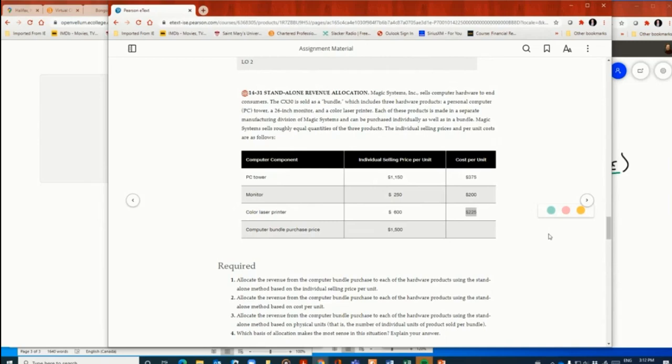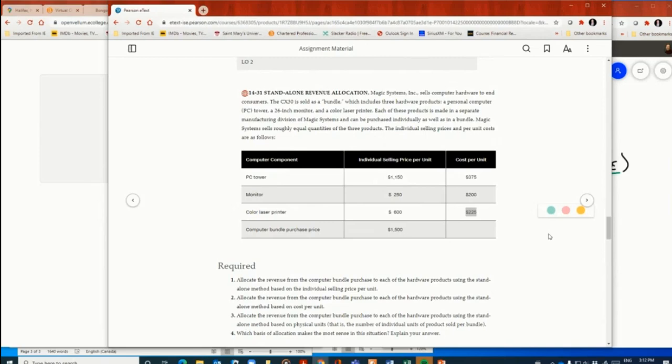So do we do an incremental approach where you say, well, all 1,150 goes to the PC division, all 250 goes to the monitor division, and only what's left, $100, goes to the laser printer division, right? Because basically we're throwing in the laser printer almost for free. So the laser printer division only gets $100 revenue. But if they've got $225 in costs, they're going to be kind of upset with that approach. So that's called the incremental approach.